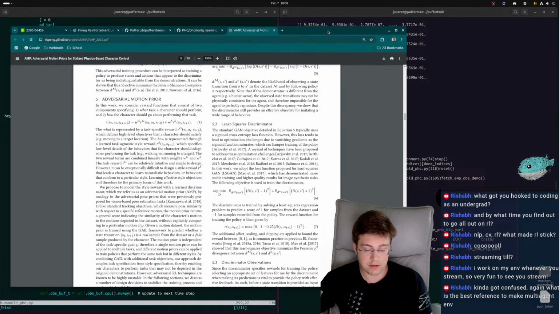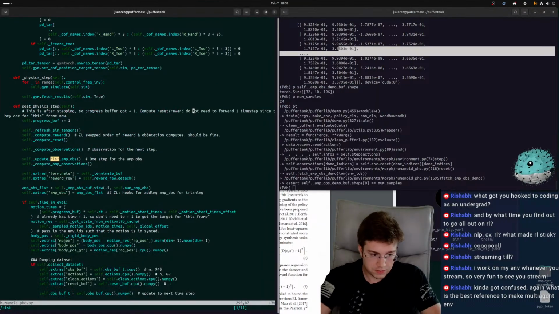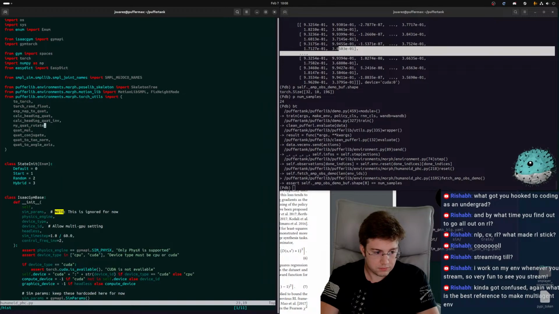But either way, I apparently need the previous step, so I'll go get the previous step, I guess. I can do that.